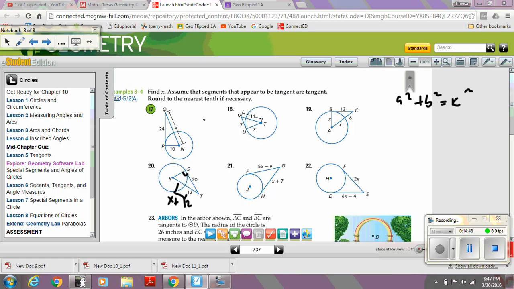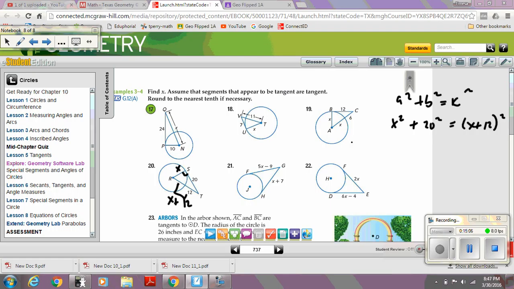RS is x. So A would be x, B would be 20, and C would be x plus 12.